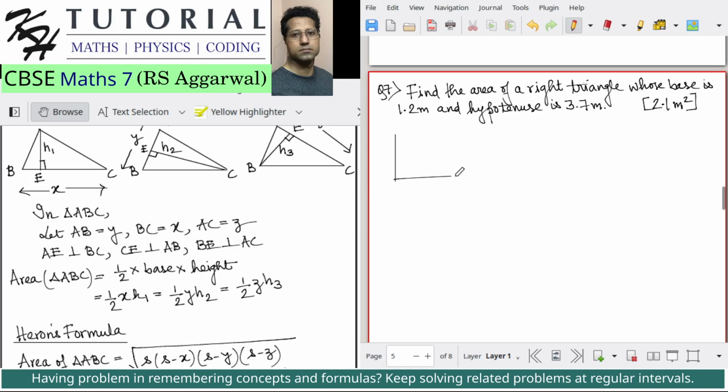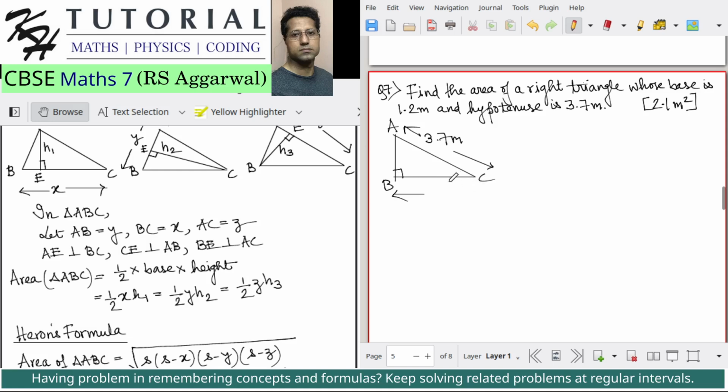So we have a right angle triangle, let's say ABC, which is right angled at B. So hypotenuse is 3.7 meter. Whose base is this one. You can consider either BC or AB as the base. If you consider AB as the base, then the height will be BC, and if you consider BC as the base, the height will be AB.